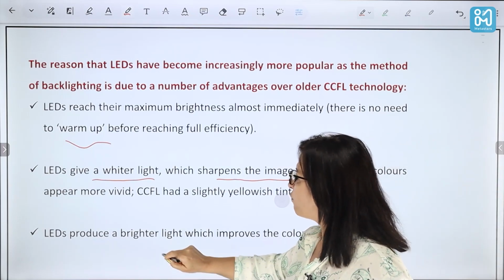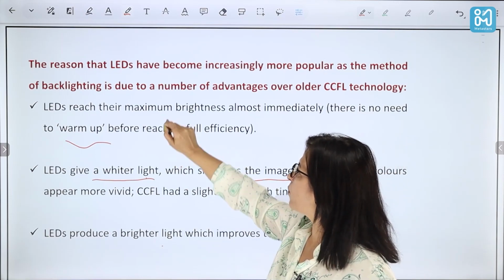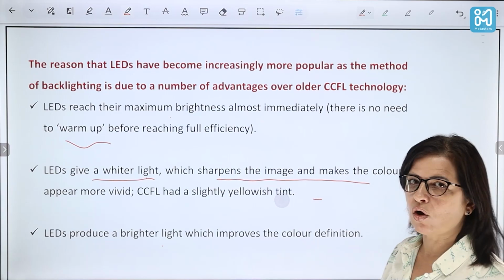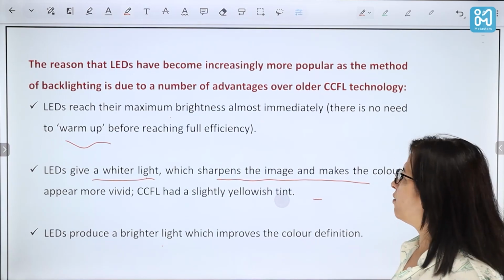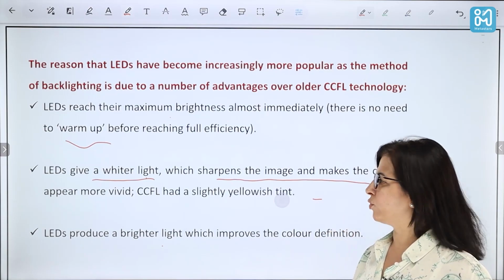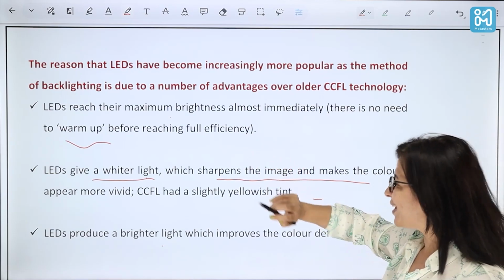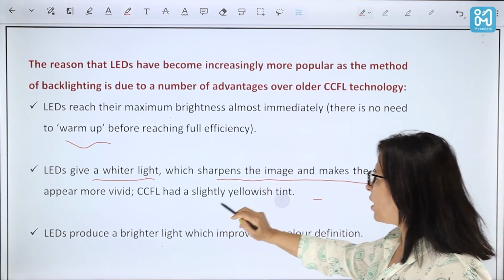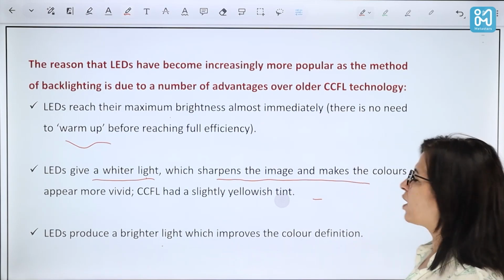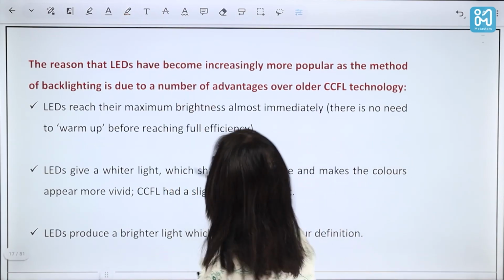So we have brighter light, whiter light, and maximum brightness immediately. These are the advantages of LED over CCFL monitors. So you have to know why LED is better: immediate maximum brightness, whiter light which sharpens the image, and brighter light which improves the color definition. I think this is clear enough.